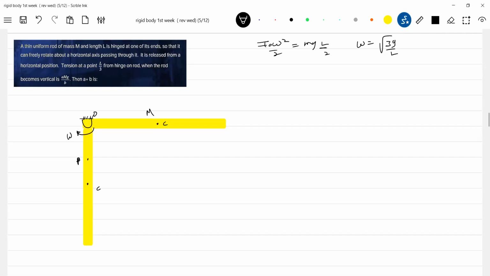So let me take a small element at a distance x. Now, what are the forces acting on it?